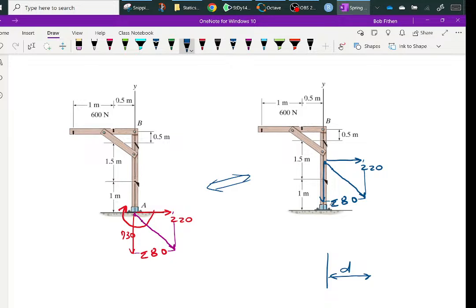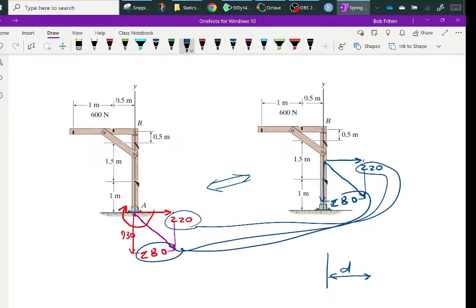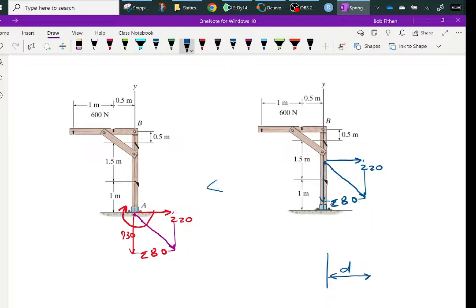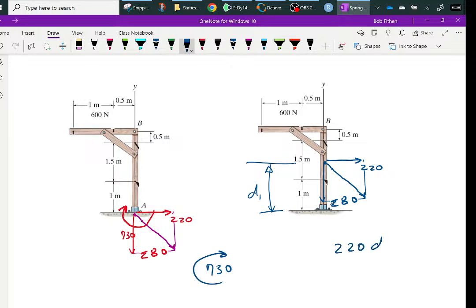If I shove it up here, how do I make this thing equal to that thing? First of all, the forces are exactly equal, so it's a matter of the moments. I'll call this one D1, because I'm going to do another one called D2. If you look at the moment over here, it's 730 that way. Up here, it's 220 times D1.